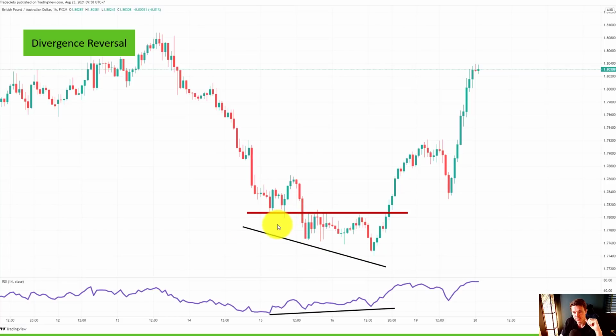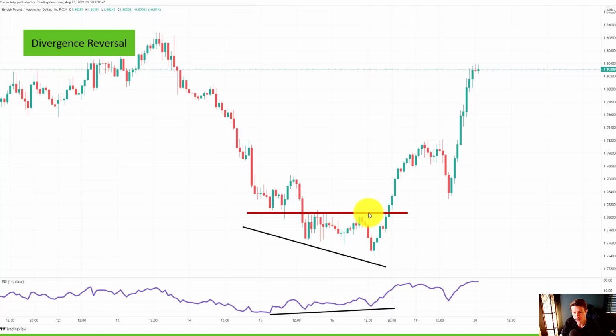And then what I look for is a way to define a breakout. So just because you have a divergence, obviously it's not enough to just get into a long trade, but you want to be able to time your trade. And the way to do that would be, for example, look for a pattern, look for a price level. So here we have a previous support that turns into twice resistance, and then here we have a breakout.